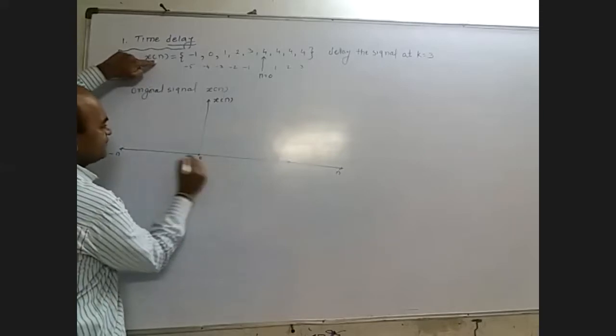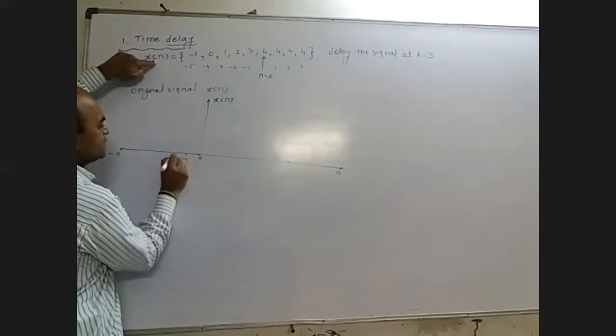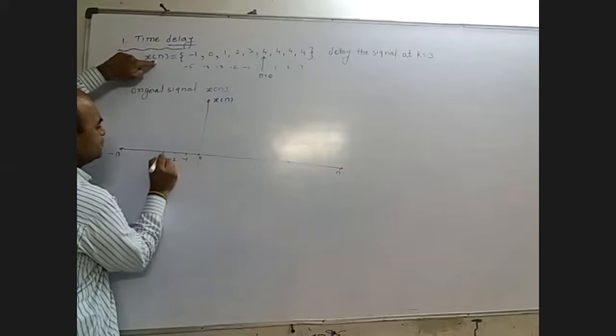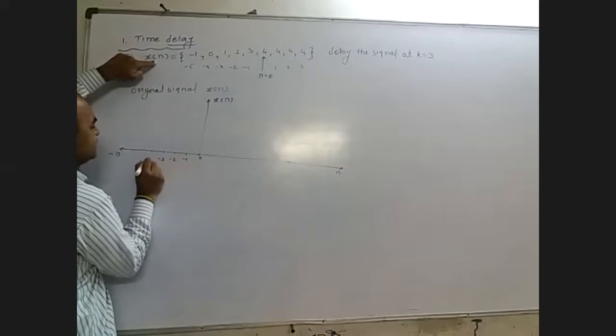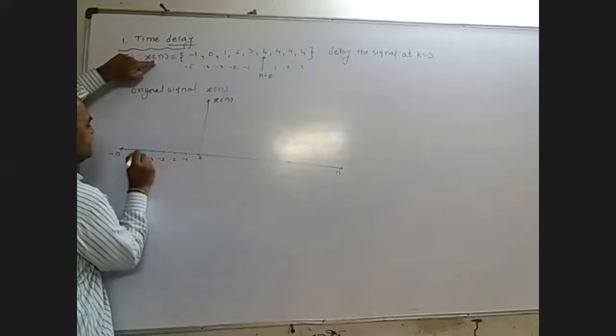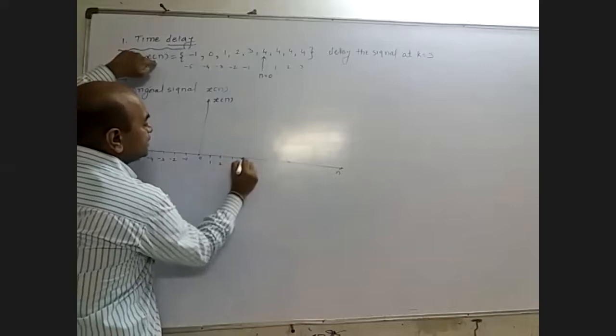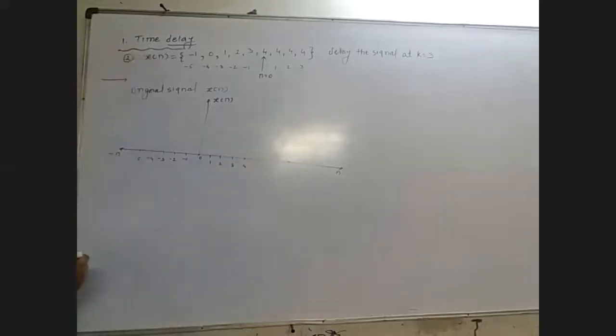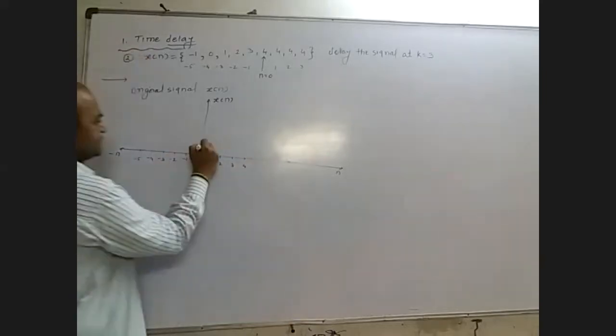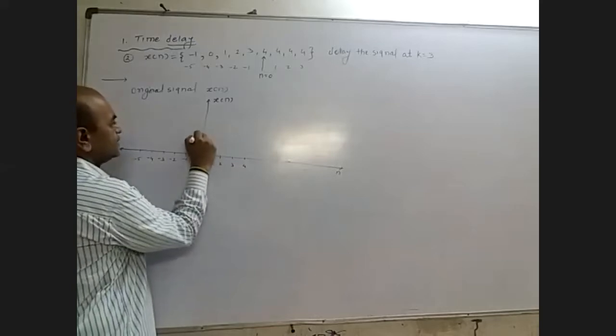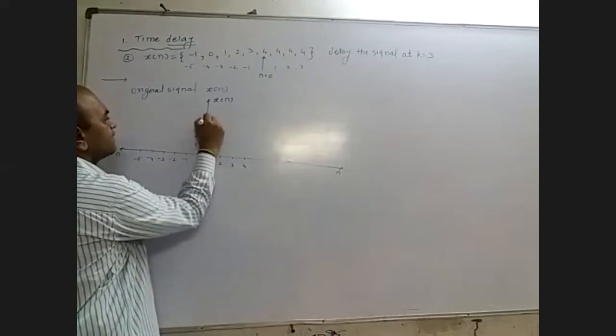I put 0, -1, -2, -3, -4, -5, 1, 2, 3, 4. Now I am putting all the points: 1, 2, 3, and 4.